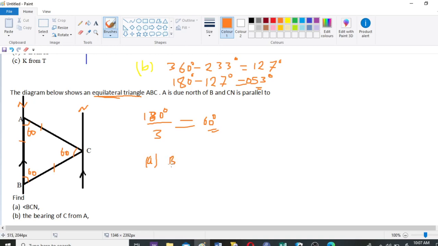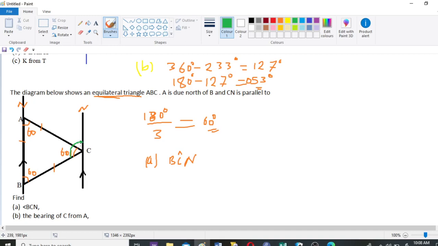Okay, so BCN, which one? So this is BCN. So we are asked to calculate this angle. BCN is the angle up to here.